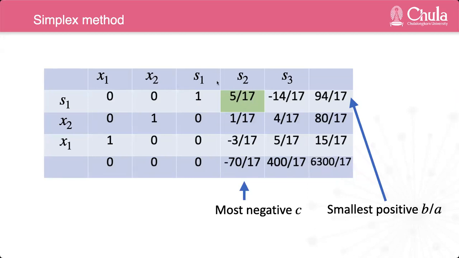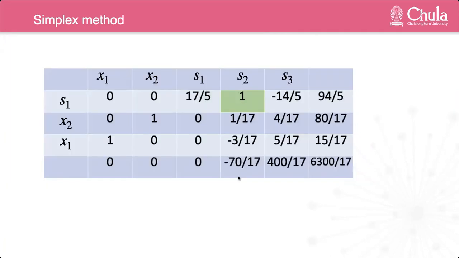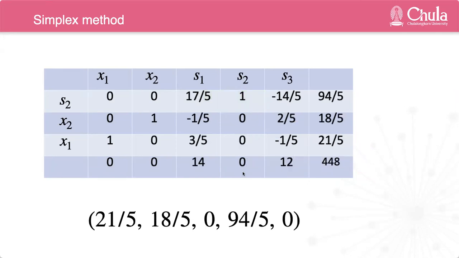We render the table such that this element becomes 1, and the other elements in the same column become 0, 0, 0. Okay? We change it to be 1 first, right? And then we render the table again.